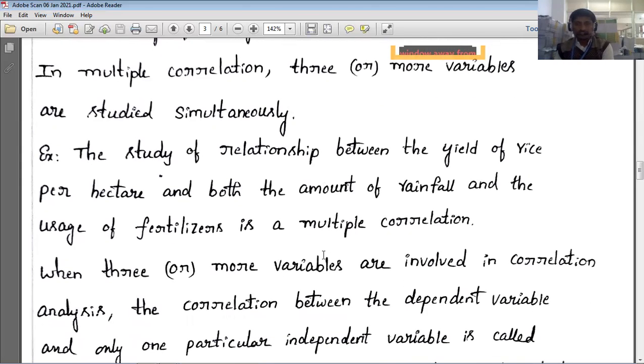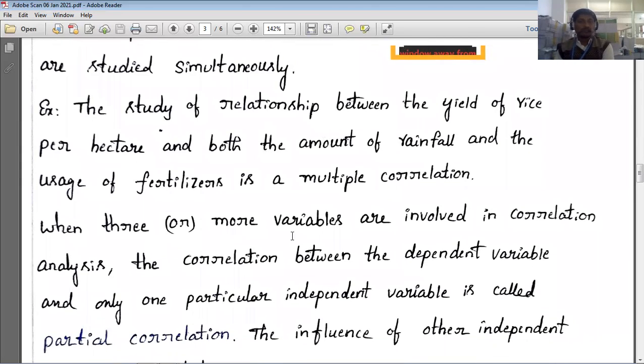Next, when three or more variables are involved in correlation analysis, the correlation between the dependent variable and only one particular independent variable is called partial correlation.